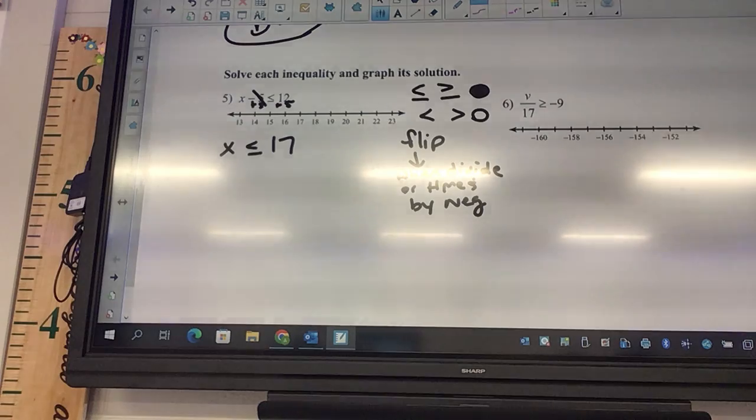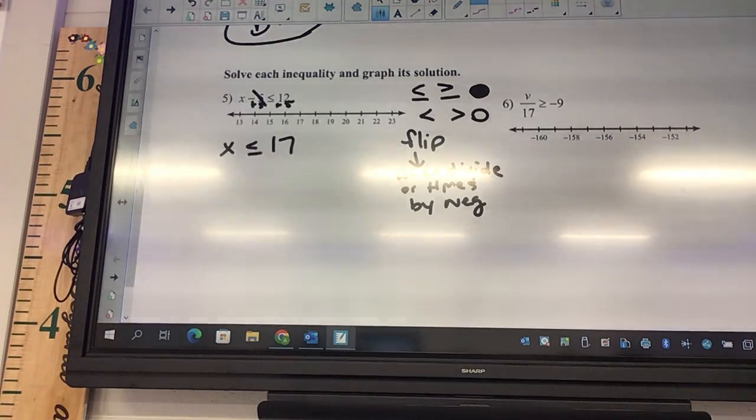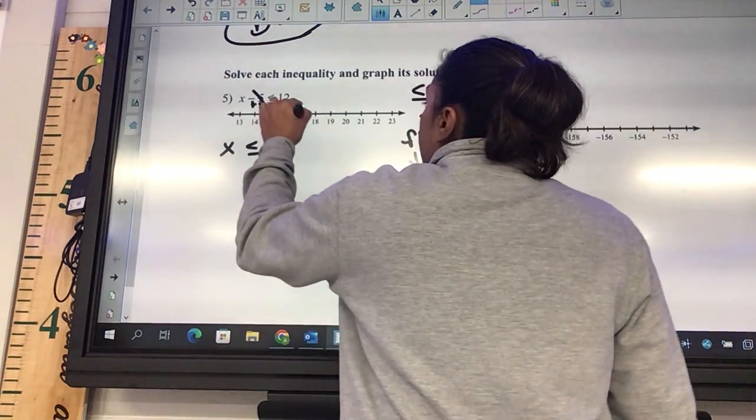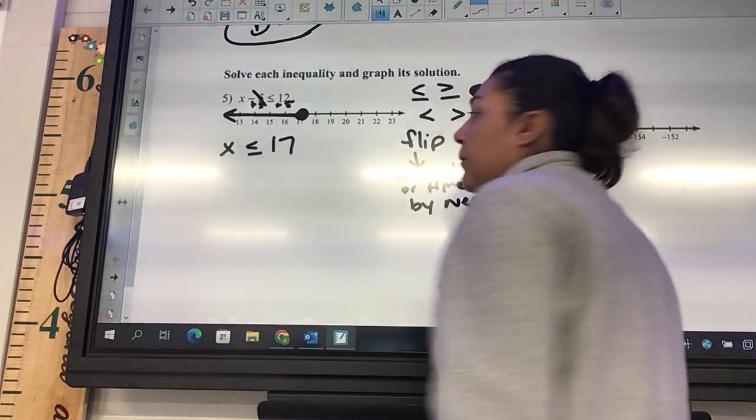Okay, is that going to be open or closed? Closed. Going which way? Left. Going to the left. Good.